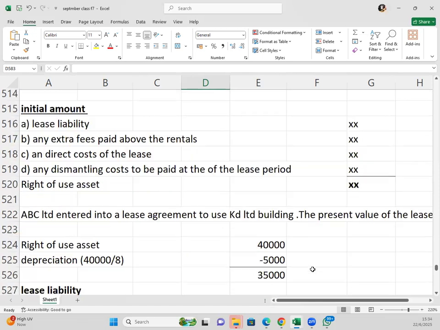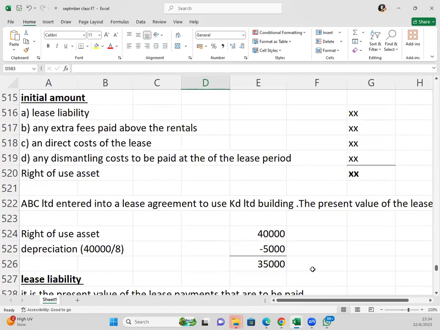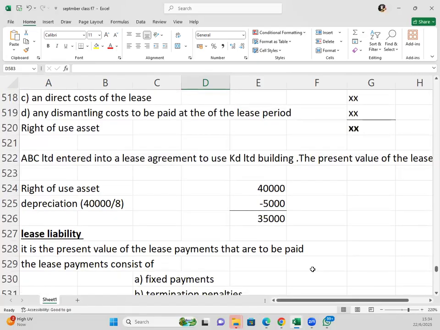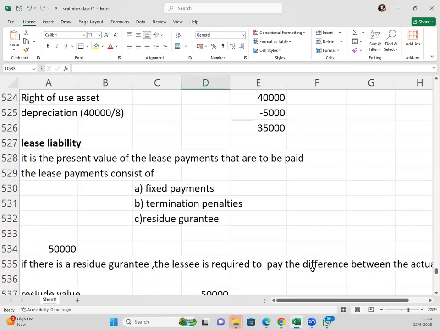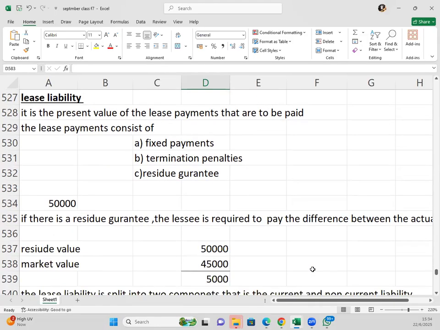We also talked about the initial measurement of the right of use asset. Initially, it's recorded at cost. Then we depreciate it the same way we do any non-current asset. Then the lease liability, this is what you are likely to be paying in future.